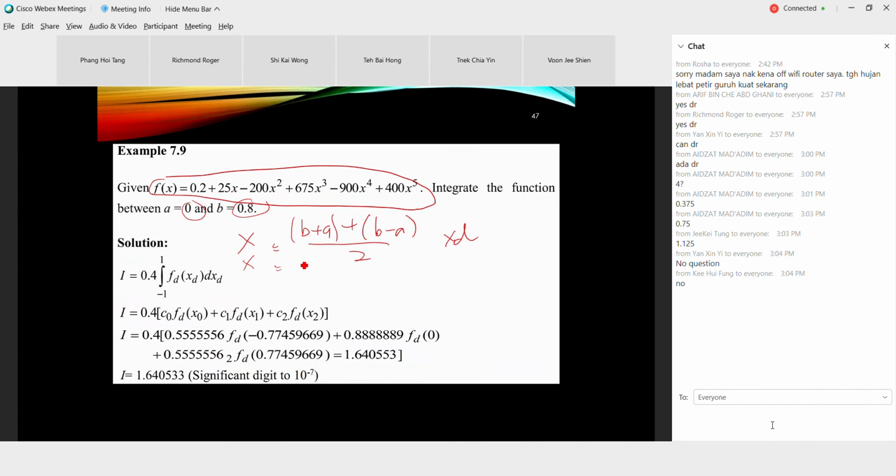B adalah 0.8 tambah 0. Okay, plus b 0.8 minus 0. So bagi 2, xd. So the new equation is basically x equals 0.4 plus 0.4 xd. Okay, new equation.